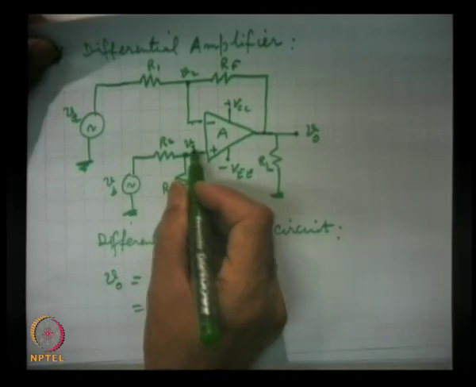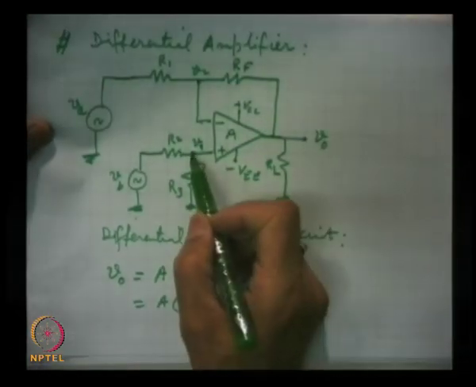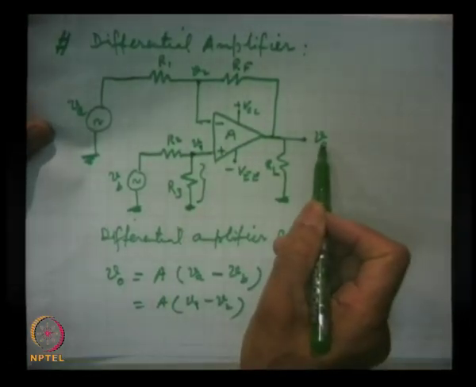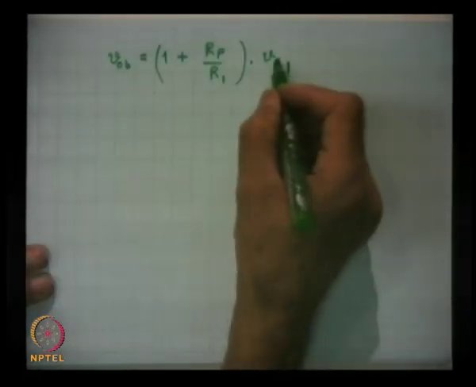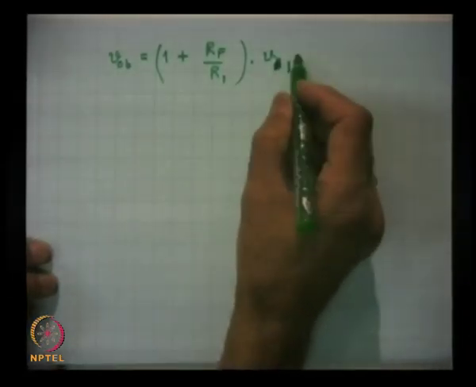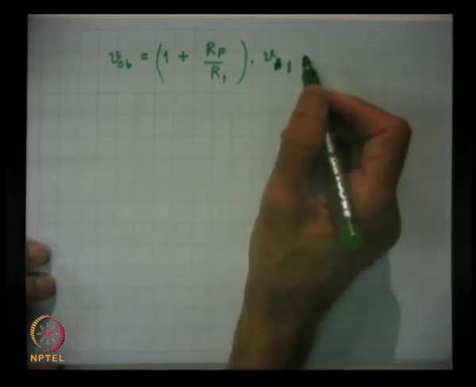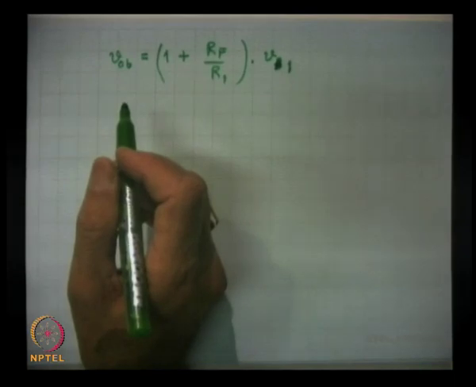This V1, and what will it appear at output? This is this, and now we substitute for V1 as we have got here.